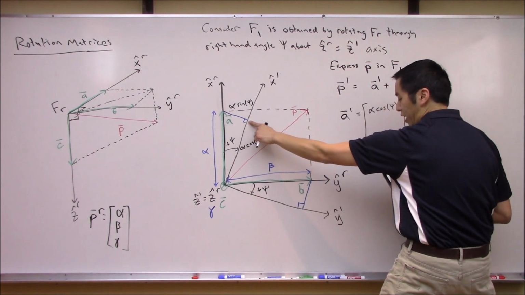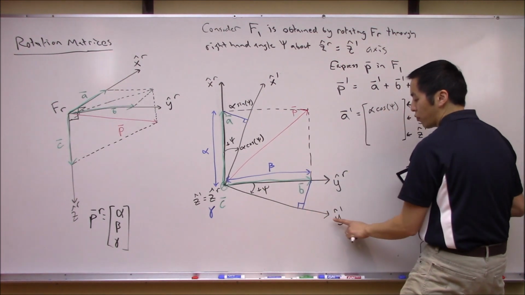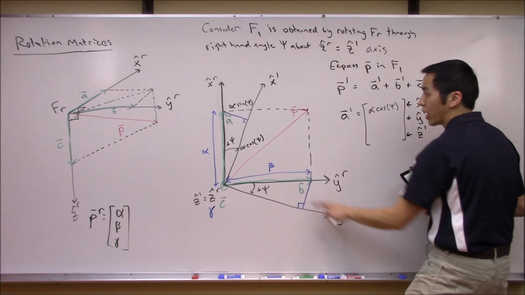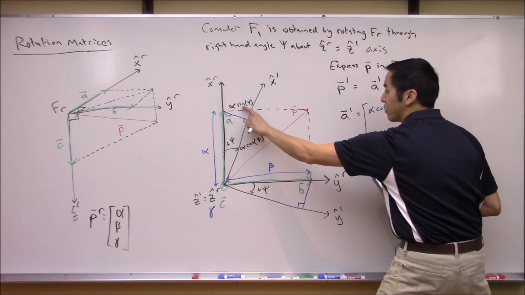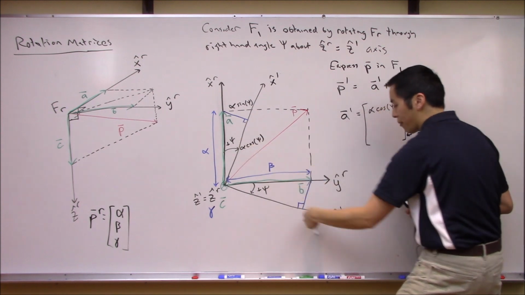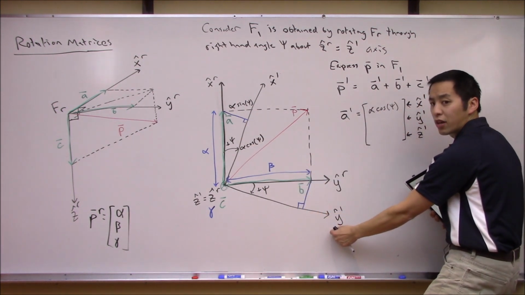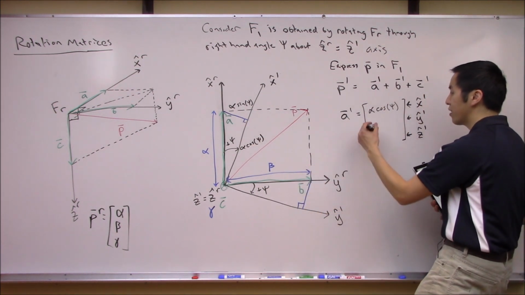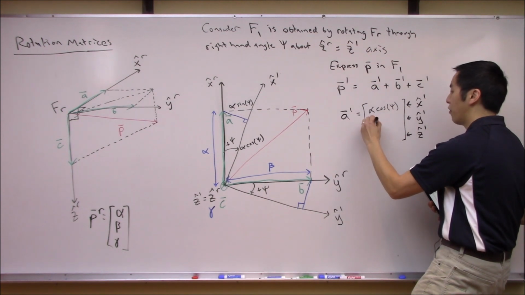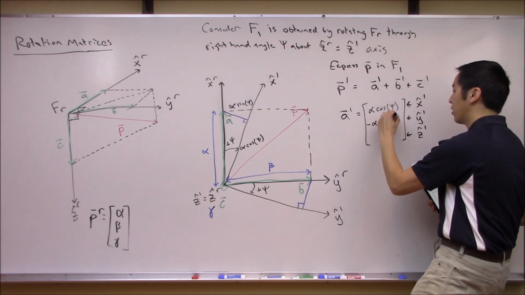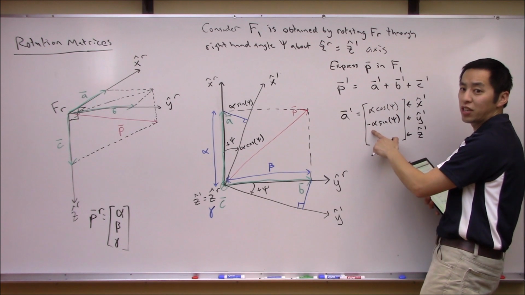Now, the only thing I have to be a little bit careful of is how far do I walk now in the y hat 1 direction? I walk this distance here, that's the magnitude, but notice you have to go in the opposite of the y hat 1 direction. So this is actually minus alpha sine psi. Again, pay real close attention to this minus sign.